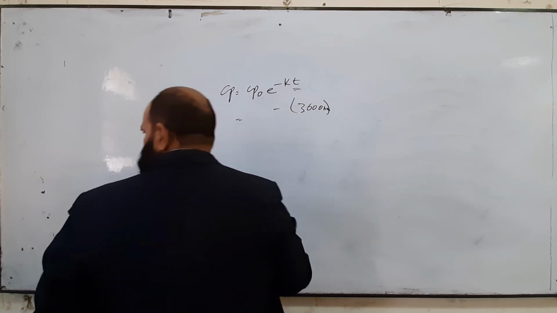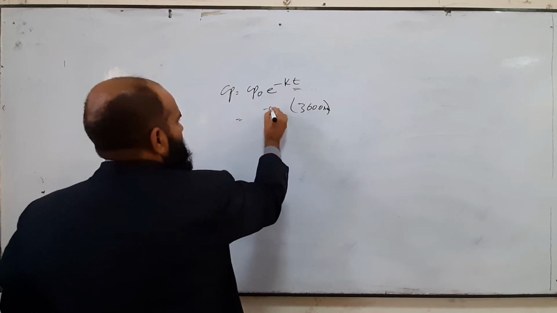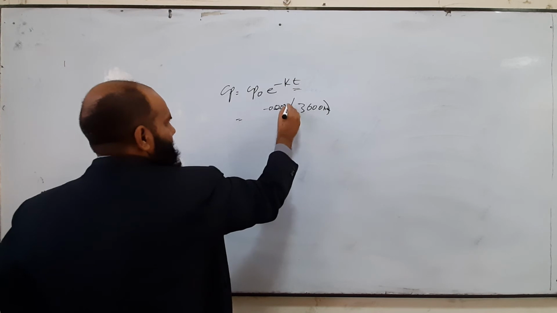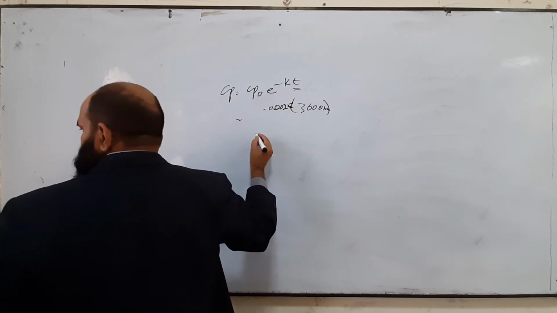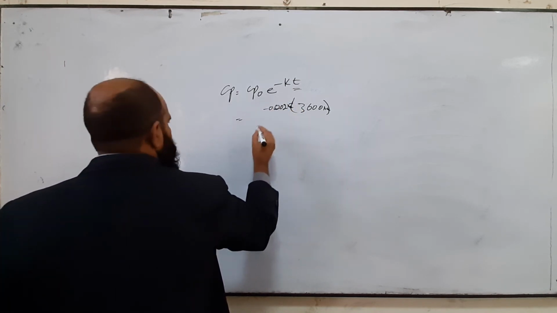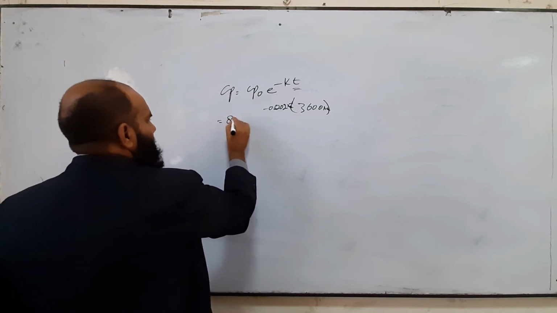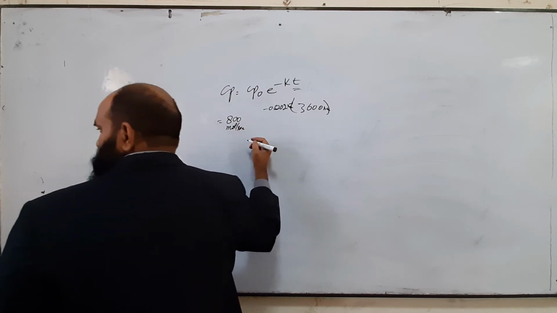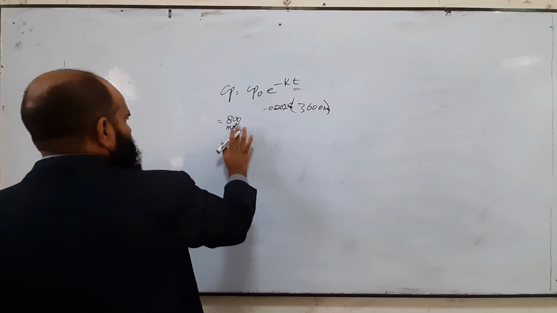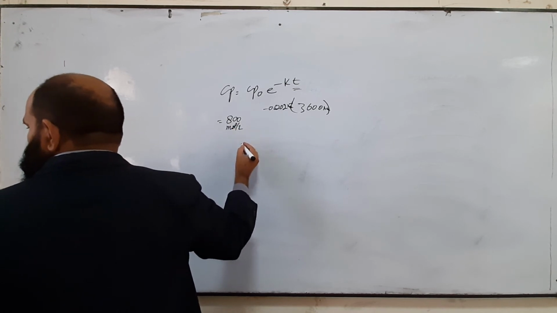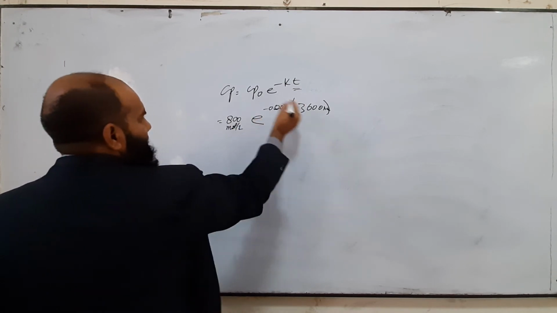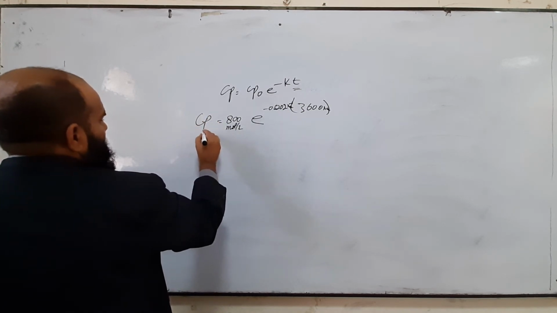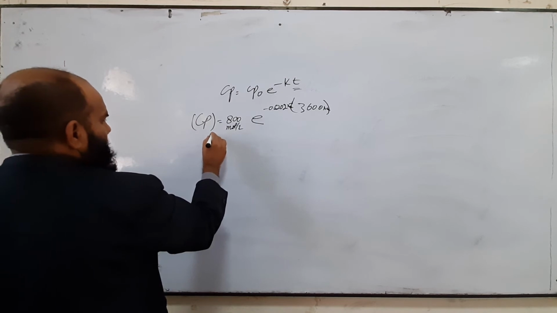Our K value is 0.0002 per second, and Cp naught is 800 molecules per liter. Taking the exponential of all these, we get the Cp at time 1 hour.